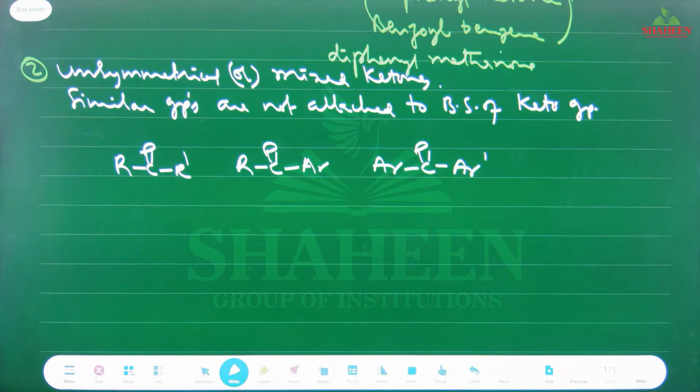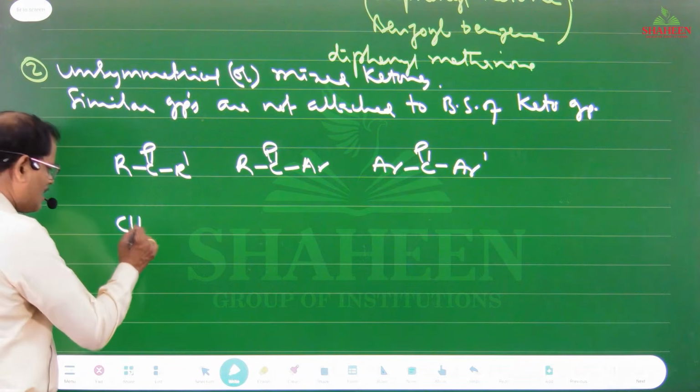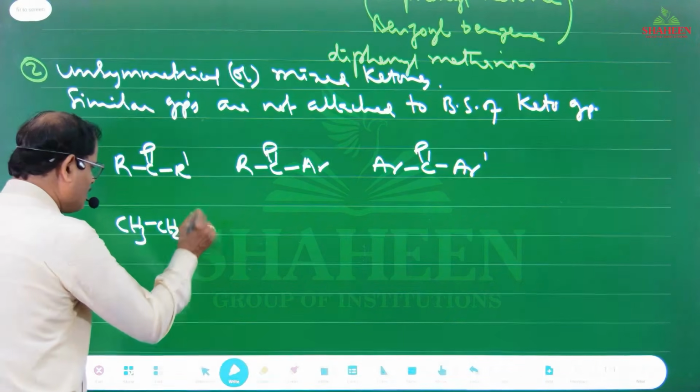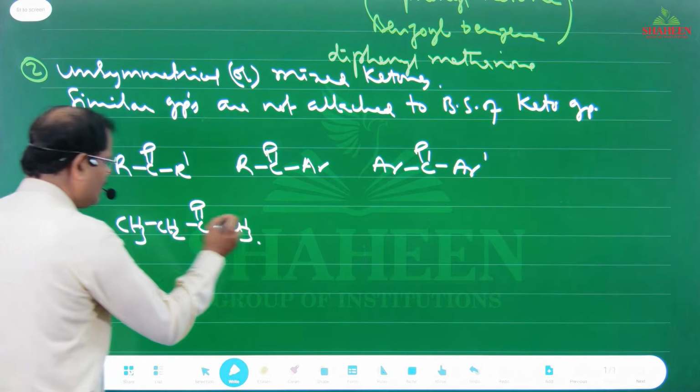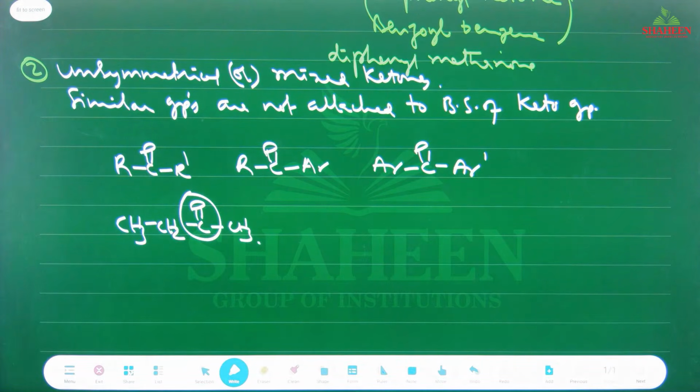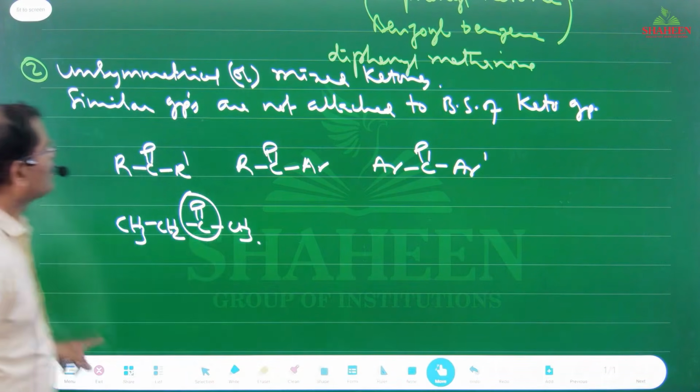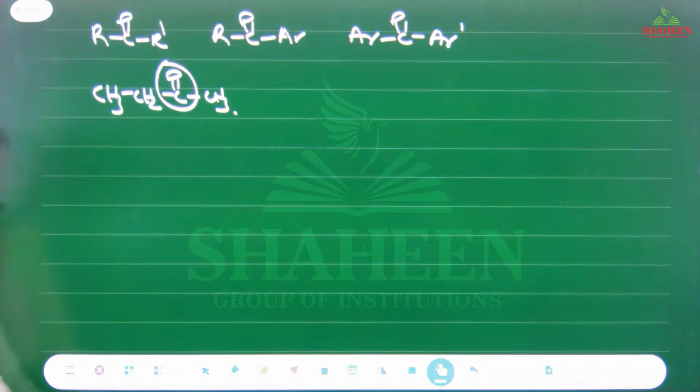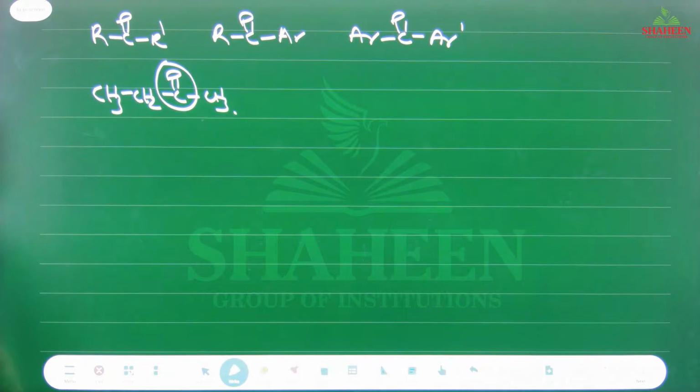So in this way, we can write unsymmetrical or mixed ketones. For example, here CH3 CH2 C double bond O CH3, and different groups are bonded to both sides of the carbonyl group. That's why they are unsymmetrical, or they are also called mixed ketones. This is about the classification.